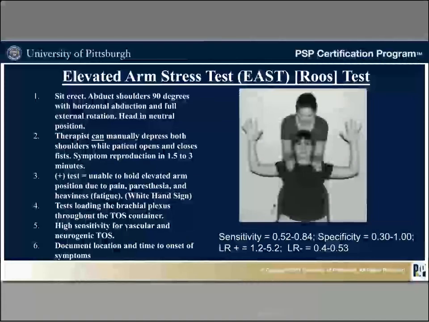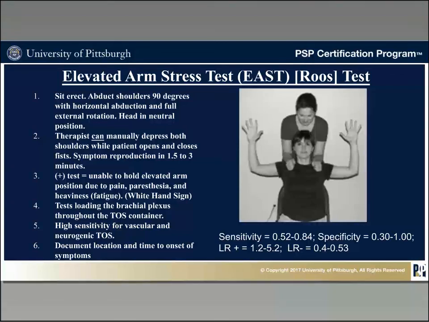So again, the pictures here outline the test. The RUSE test, or the elevated arm stress test, is commonly used as a screening test for thoracic outlet. What we're primarily looking for here is the reproduction of the patient's primary symptomatic complaint, again oftentimes in that C8 to T1 type distribution, when the arms are in that elevated position.